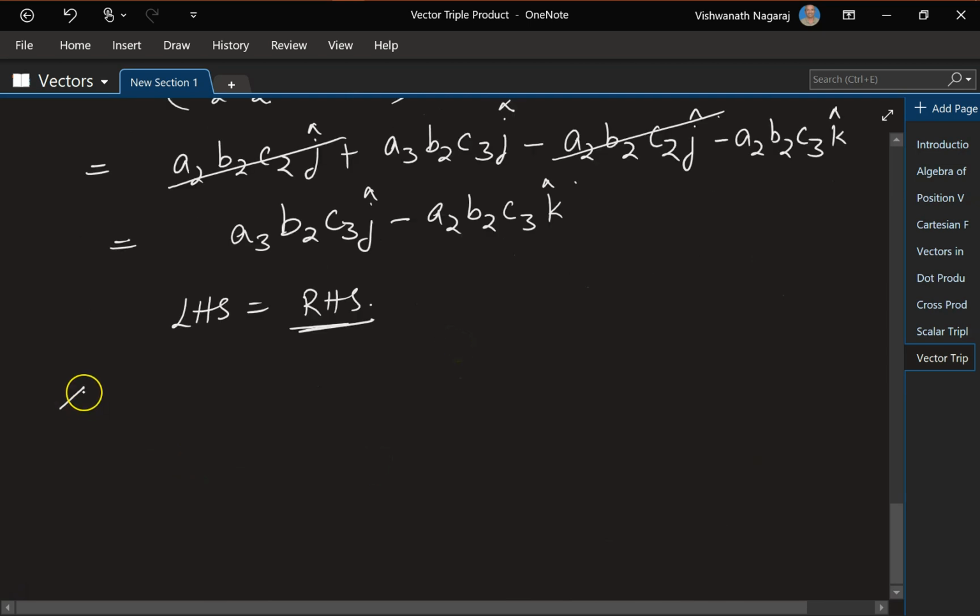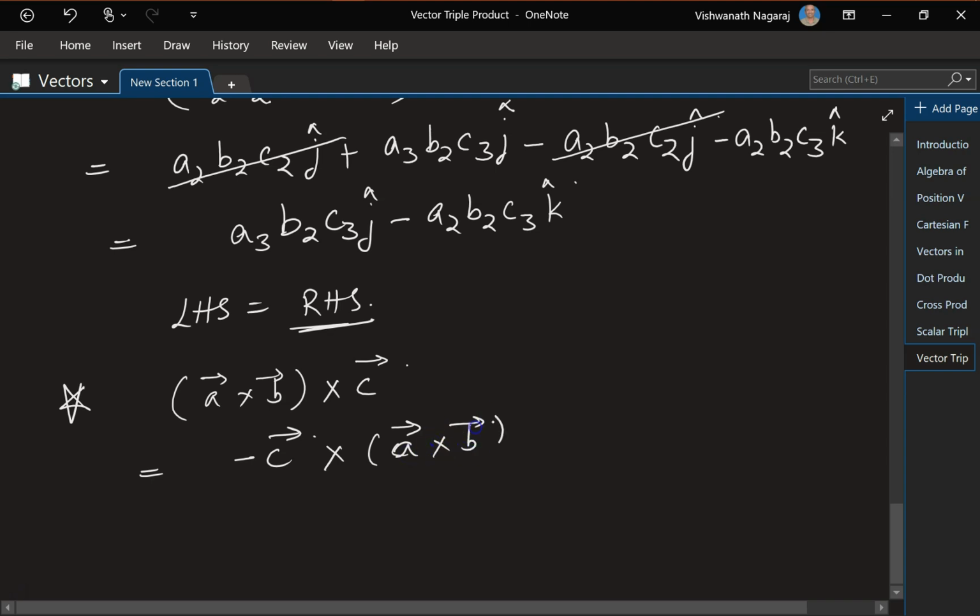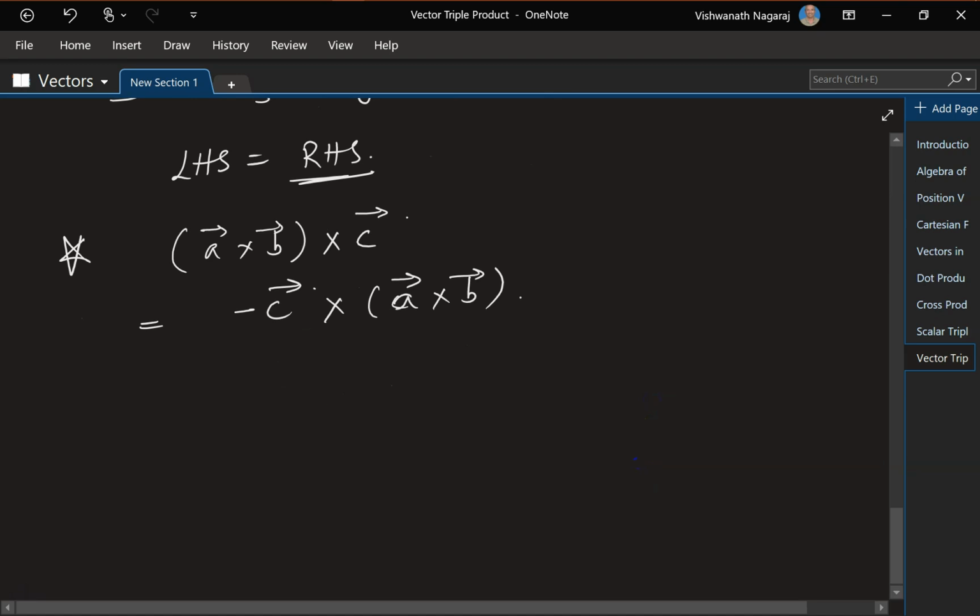Now another very important point is, let's say A cross B cross C, which is equal to minus C cross A cross B. Remember, vector triple product is not commutative. So if you reverse the order, it becomes a negative vector. Now this product, we can use the previously proved equation.